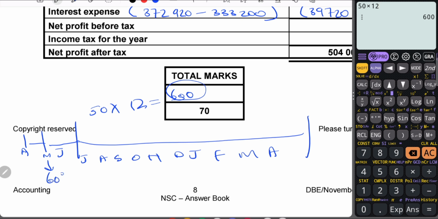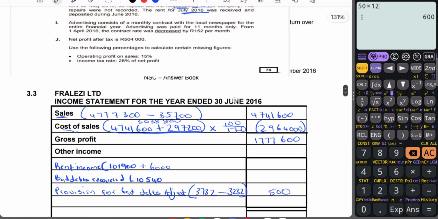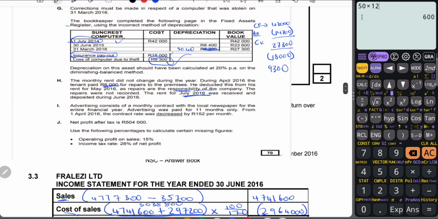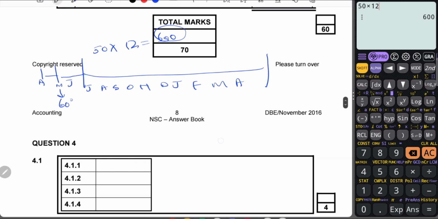In the example, they spoke about April: for repairs, he deducted this from his rent for May, during April. Okay, let me use that example.